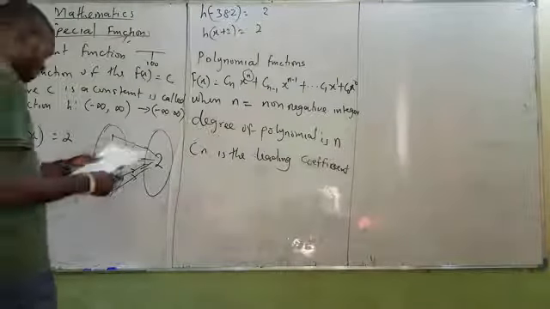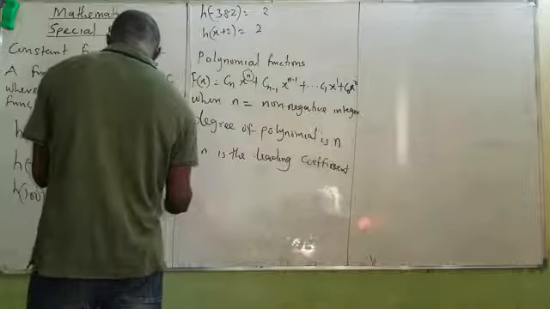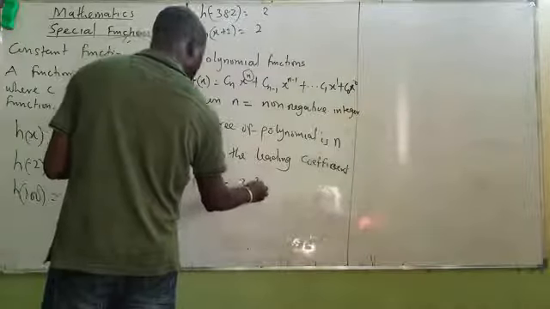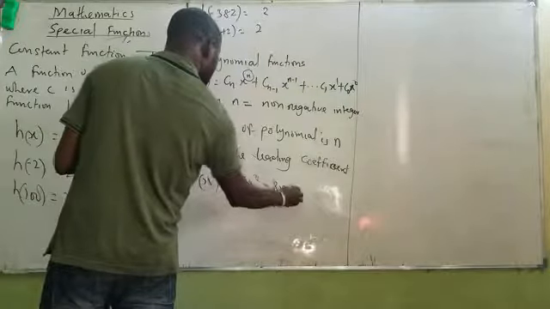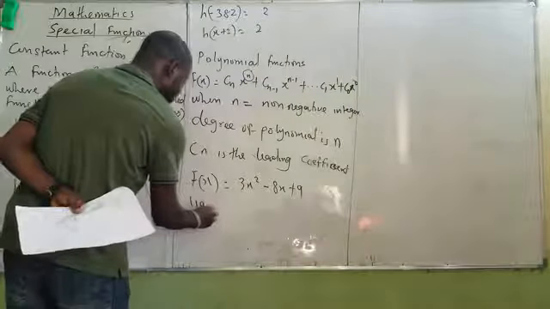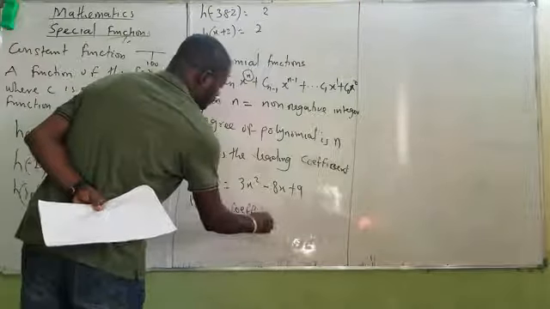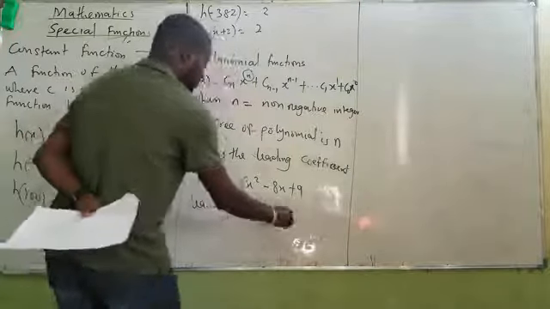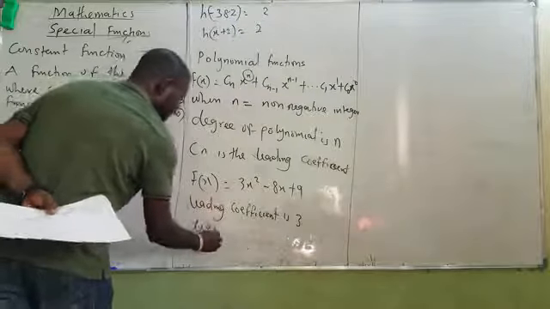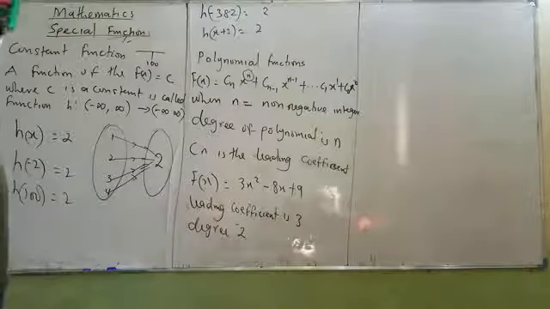For instance, if I have f of x equals 3x squared minus 8x plus 2, it means my leading coefficient is 3 and the degree is 2. That is very, very important.